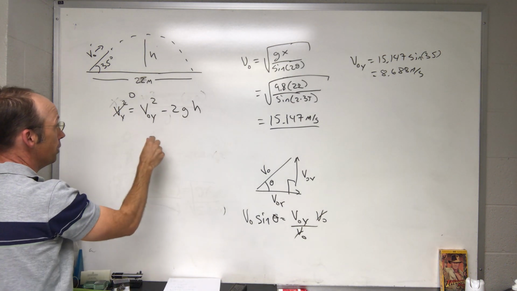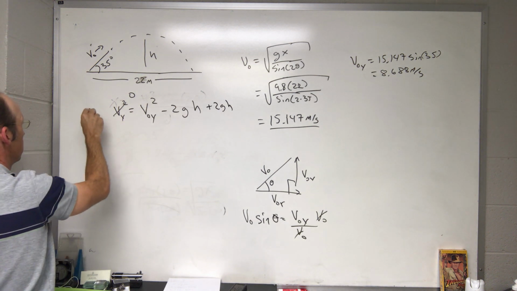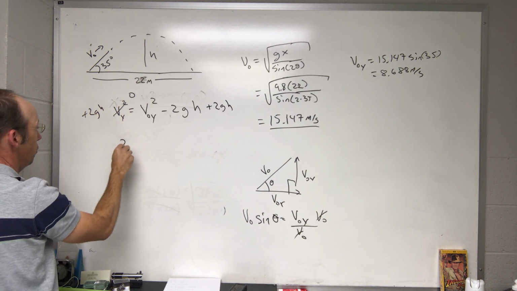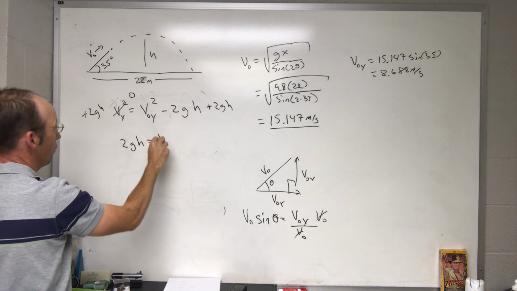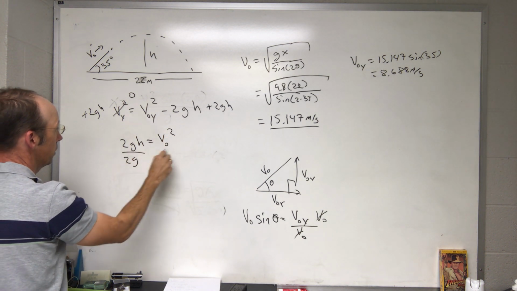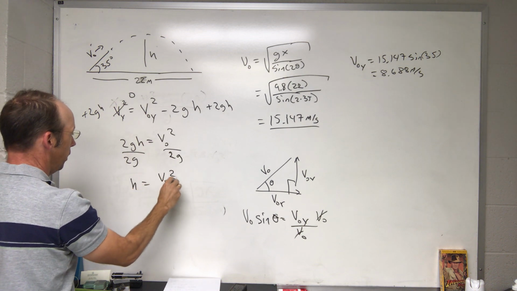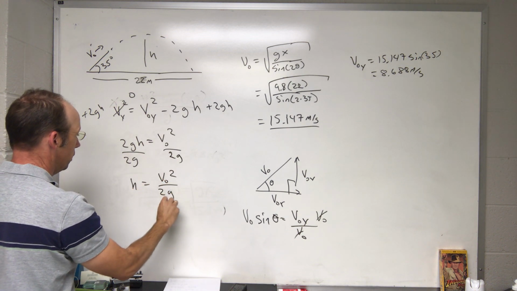So if I add 2gh to both sides, then I get 2gh equals v0y squared. Now I can divide both sides by 2g, and I get h equals v0y squared over 2g.